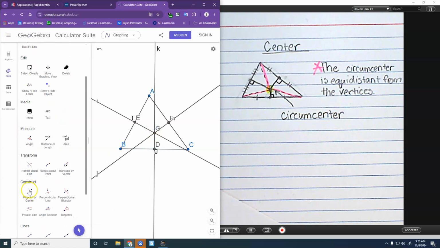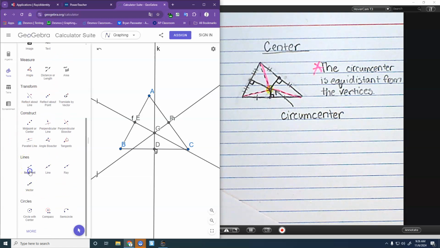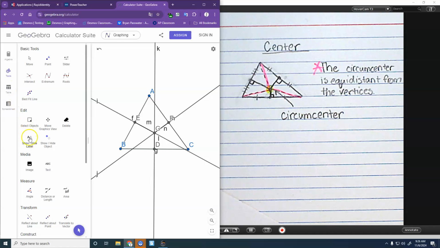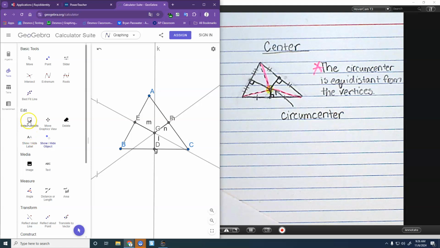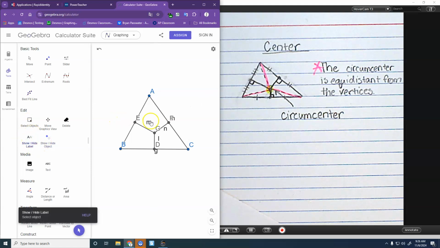Okay, and then for the sake of you being able to see this better, I'm going to make it not be lines, so do segment here, segment here, segment here. Let me clean this up so you can see it a little better. I'm going to get rid of this line, this line, this line, and all these extra labels here.